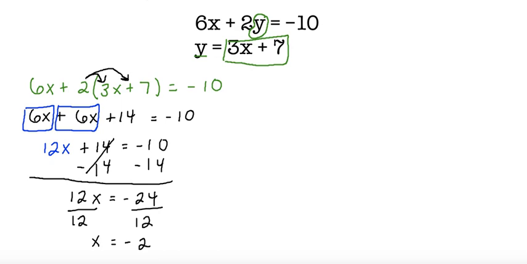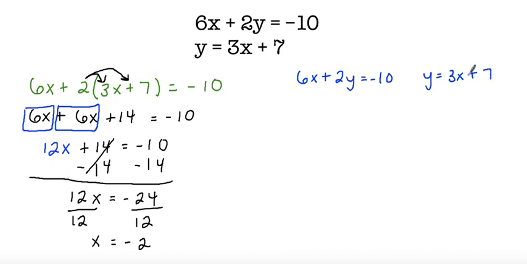they intersect at. And remember, we should get the same thing for both equations, so I'm going to take those two equations, write them down. So we have 6x plus 2y is equal to -10, and we have y is equal to 3x plus 7.